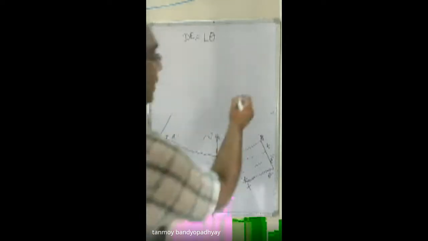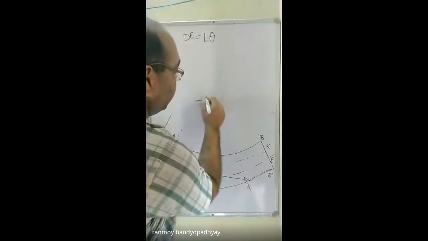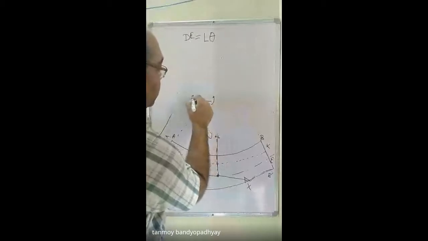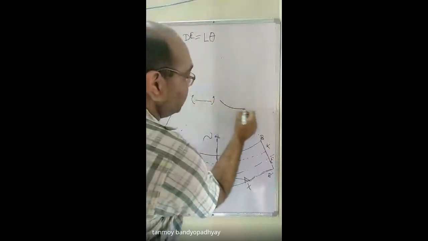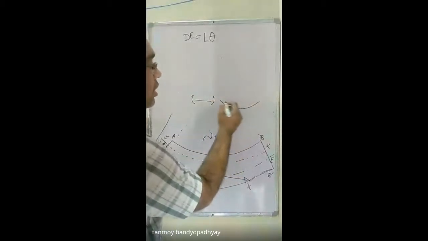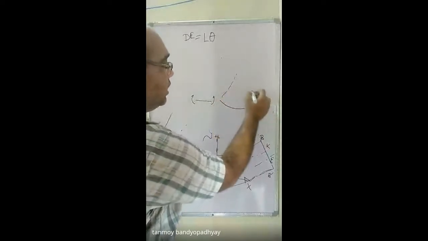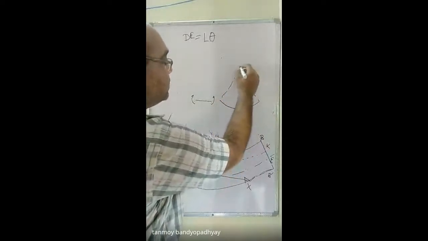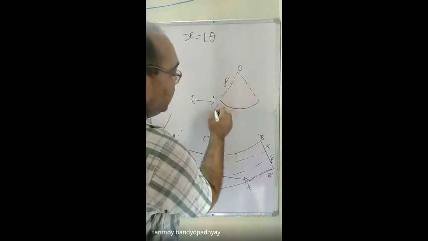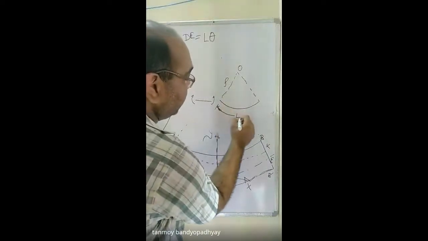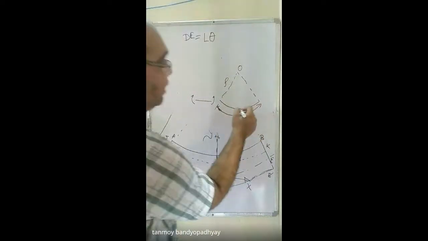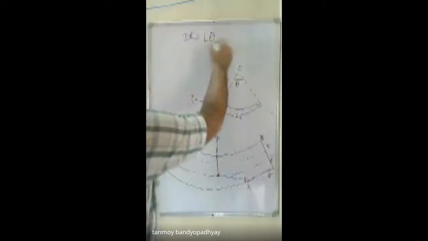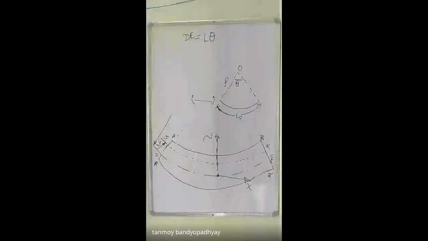So you had a beam like this. You applied a bending moment like this, so you get a structure like this. This is the bent structure of the beam. So if this was O, this was rho, the undistorted length L0 should be equal to rho into theta. So this is theta. DE is equal to L theta.